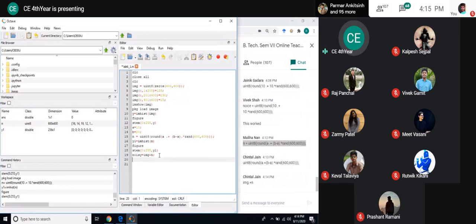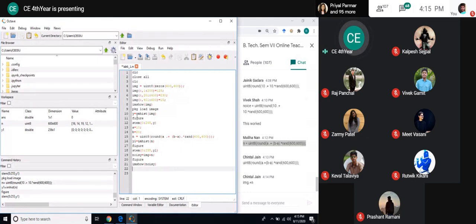So I can use imshow for the noisy image, and here a figure. What I want to check further is its histogram.